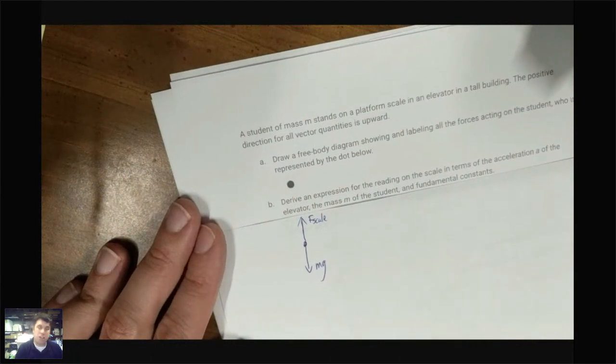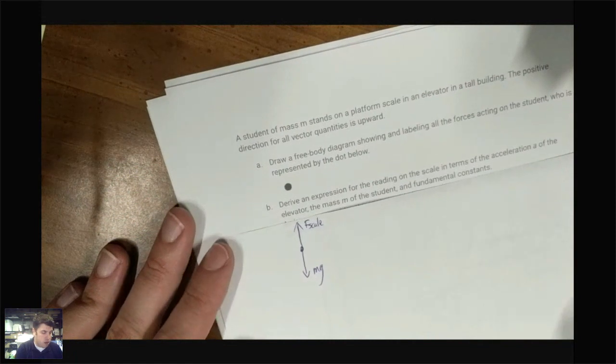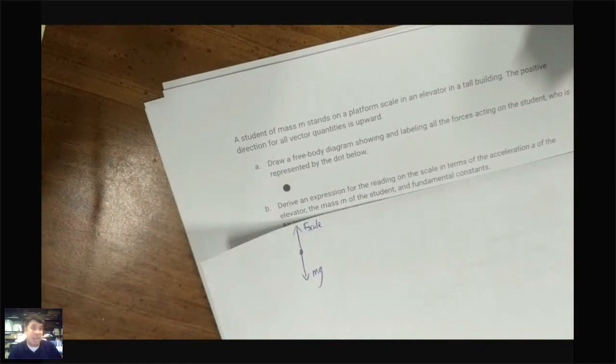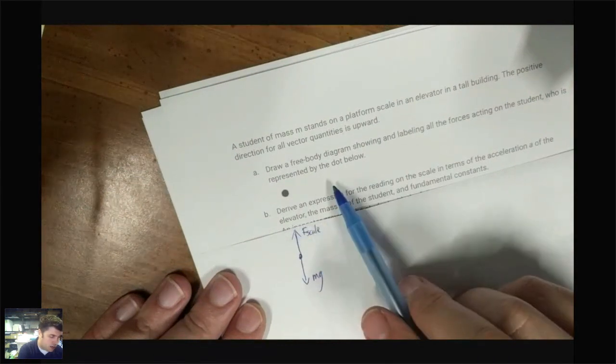But for this one, I'm just going to call it F scale, just to give us an idea of where we're going with this. All right. And because the student's just standing on the scale, they're not pushing it sideways whatsoever, there are no horizontal forces here, just simply up and down. Right? And yeah, that's about it.